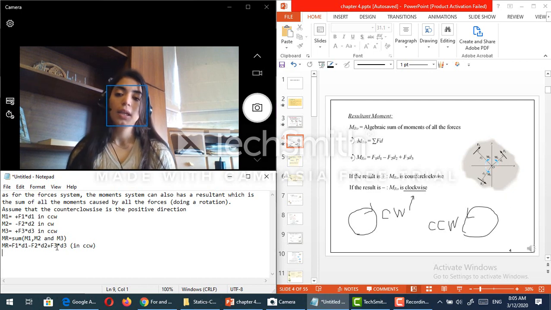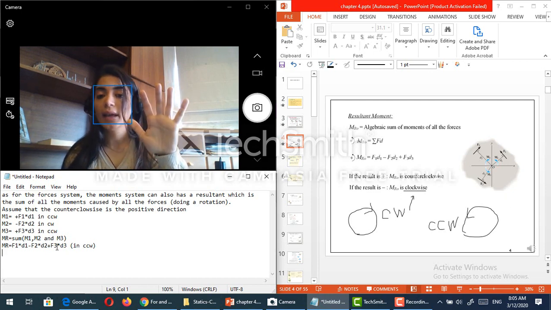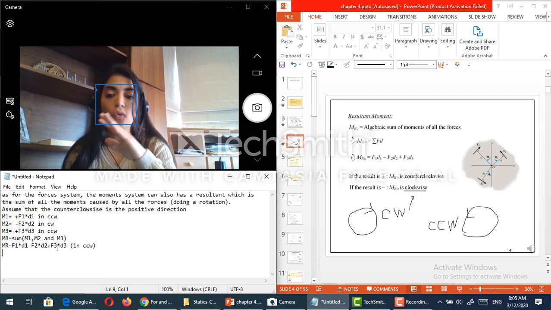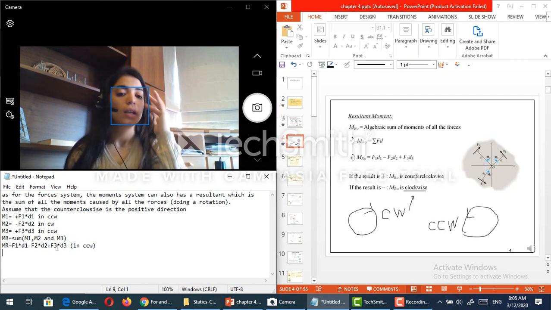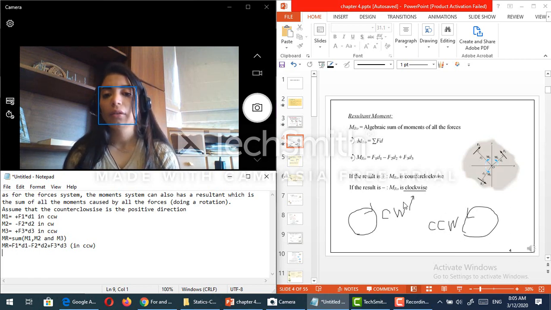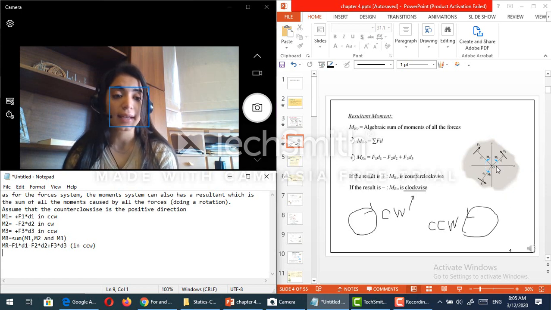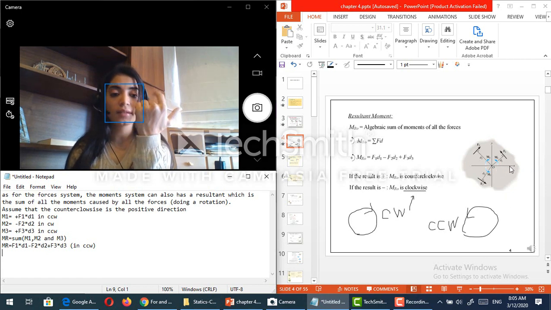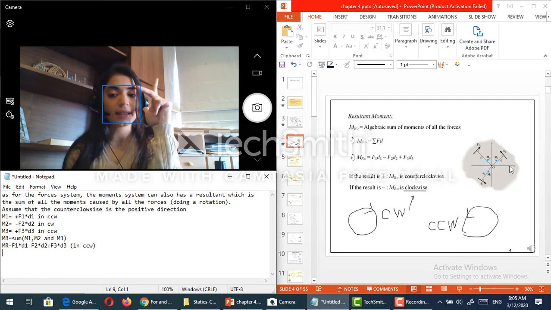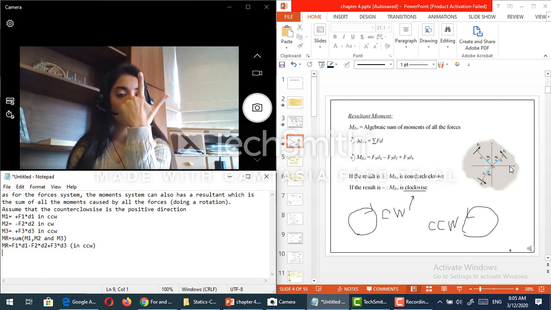Another method is to use the right hand rule. Even if this is a 2D problem, I can use it because the right hand rule is valid for all the cases. So if I go here, guys, and I need to apply the right hand rule, I know that this is x and this is y, which means that z is directed towards me.